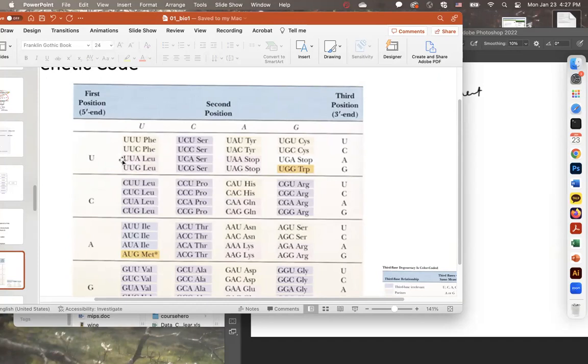And if you have UUA, then the leucine amino acid is matched up, and GUU is valine, and alanine, and so forth.